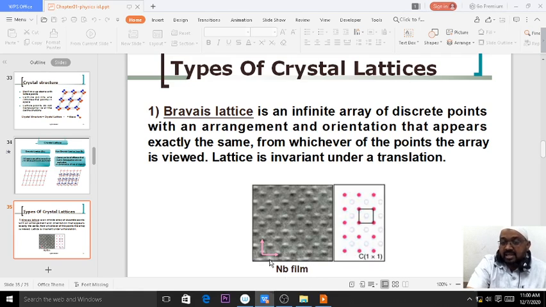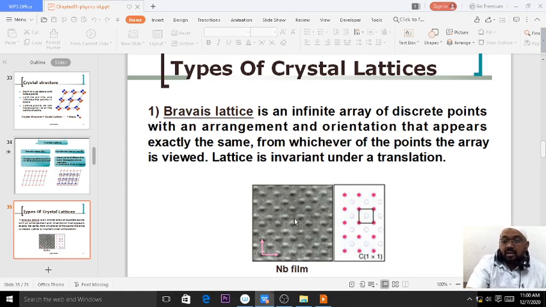For your understanding, we have taken a film image or schematic image of the niobium material, and you can see the arrangement of the atoms. This is a microscopic image, and the imaginary points look like the same thing here. A Bravais lattice is an infinite array of discrete points with an arrangement and orientation that appears exactly the same from whichever point the array is viewed.